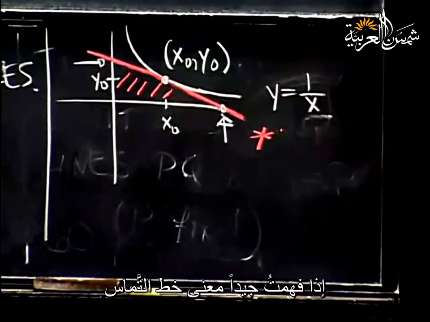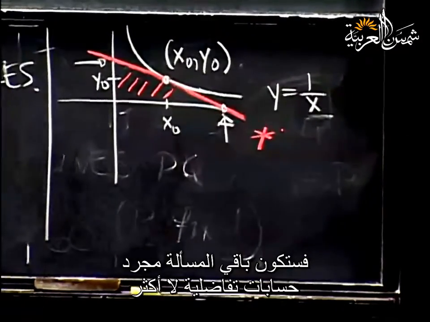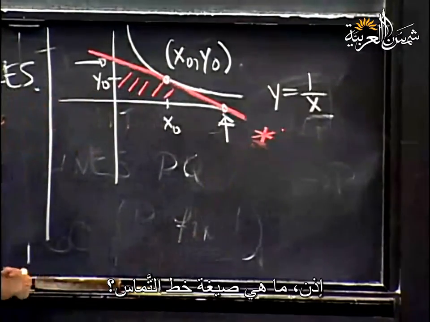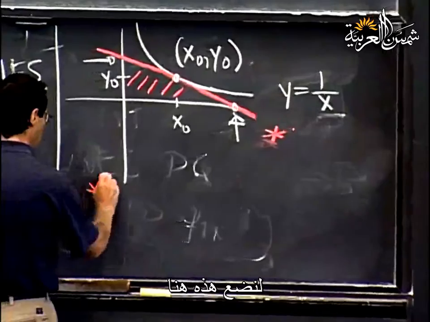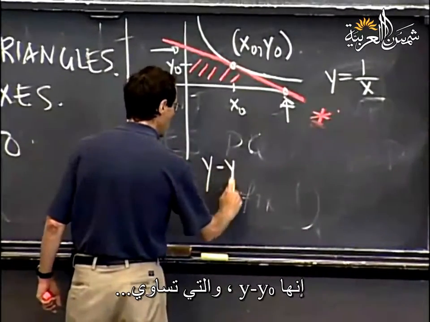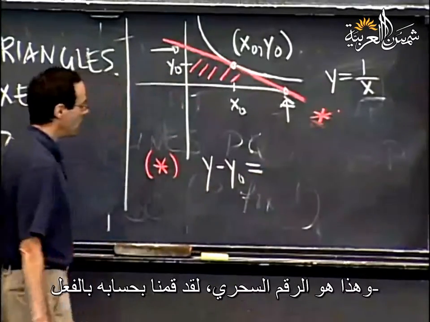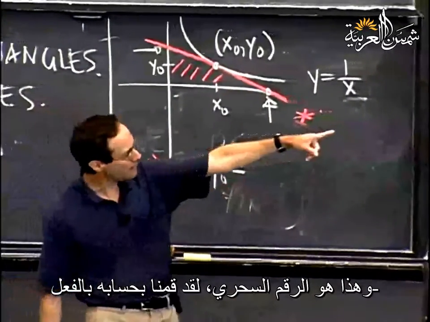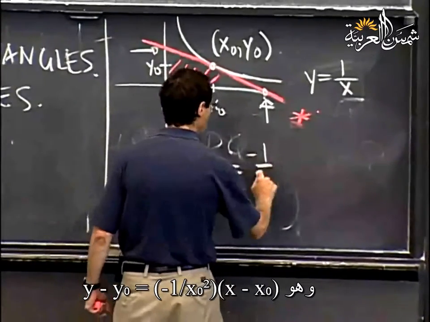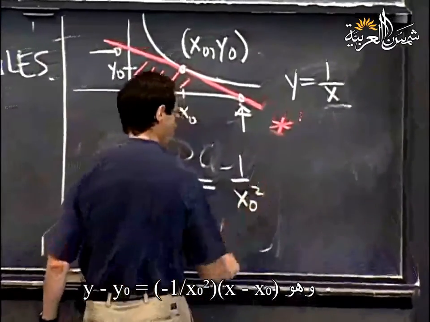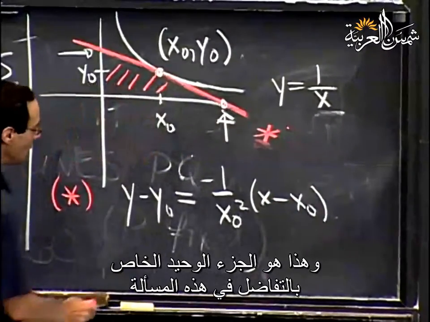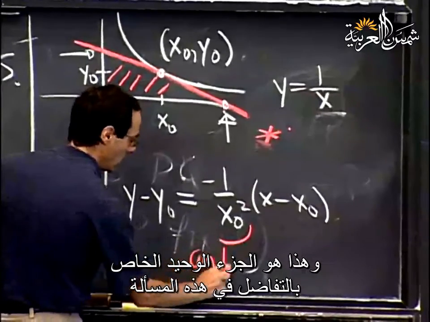And once I figure out what the tangent line is, the rest of the problem is no longer calculus. It's just that slope that we need. So what's the formula for the tangent line? Put that over here. It's going to be y minus y0 is equal to, and here's the magic number. We already calculated it. It's in the box over there. It's minus 1 over x0 squared, x minus x0. So this is the only bit of calculus in this problem.